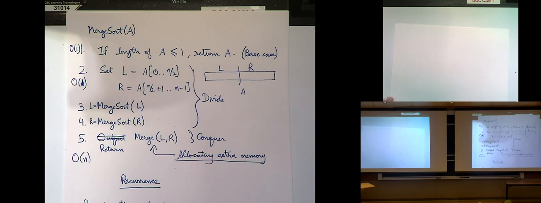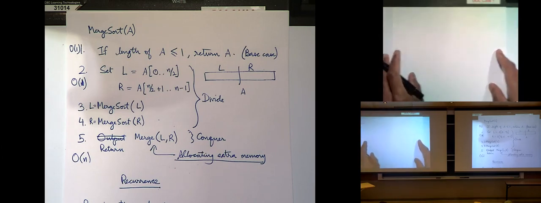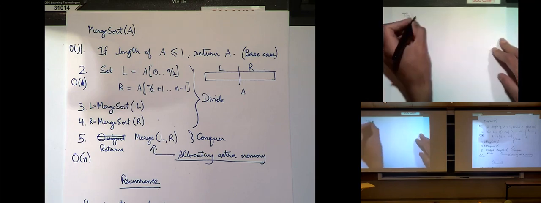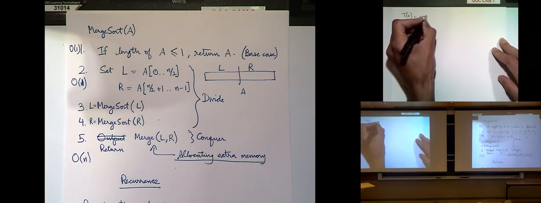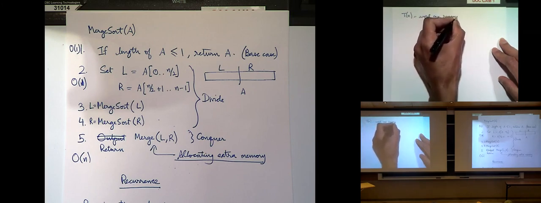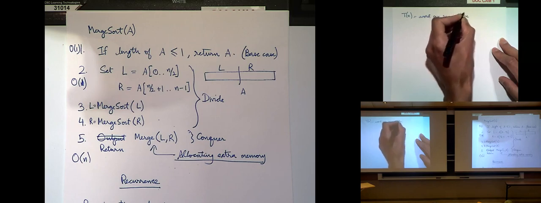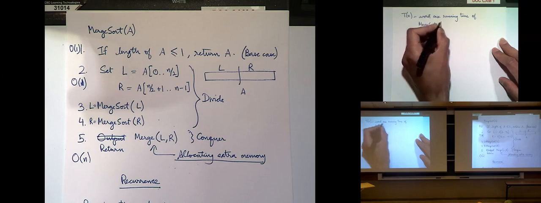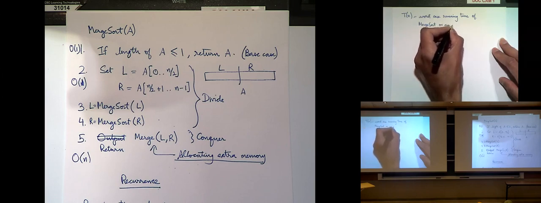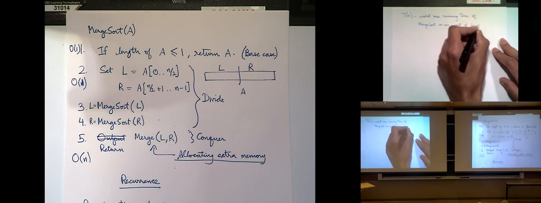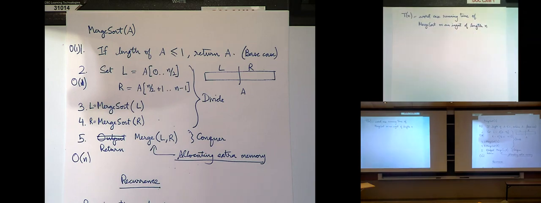All right, so how are we going to approach this problem? Let me define T of n as the worst case running time of mergesort on an input of length n.